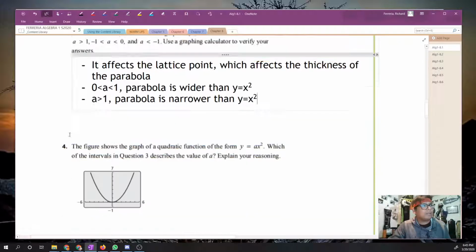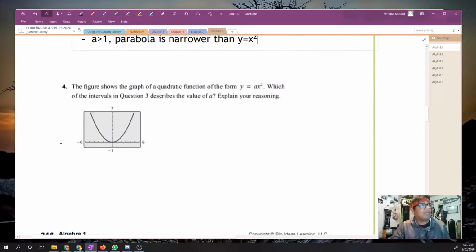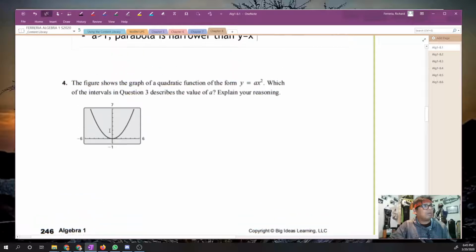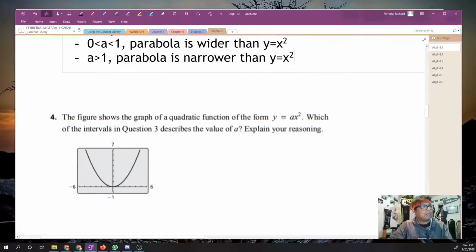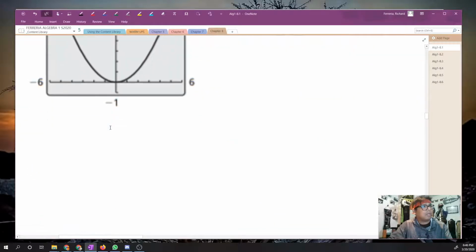Moving on, here we have a figure that shows a graph of a quadratic of the form y equals ax squared. Which interval describes the value of a? Well, let's see. Can I tell what the lattice point here is? I'm going to go ahead and zoom in right here. Okay, that didn't zoom, but this will. I'm going to zoom in right there.